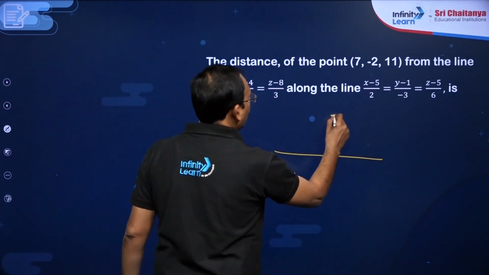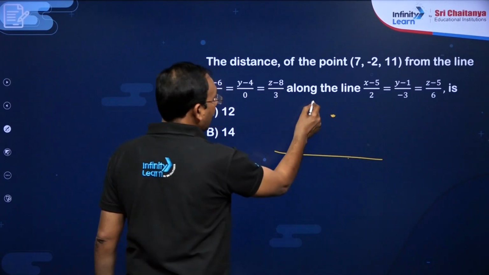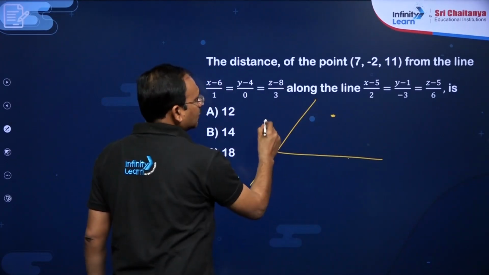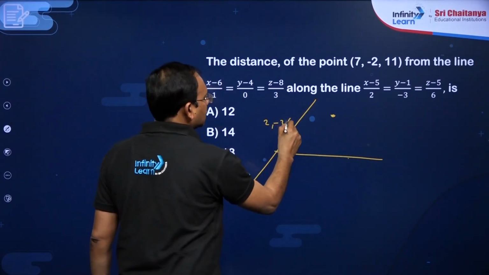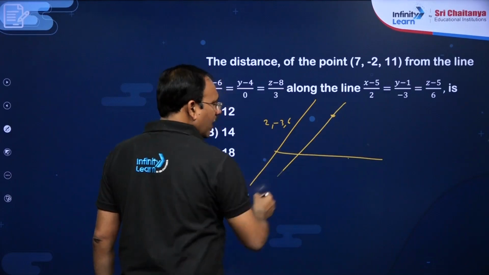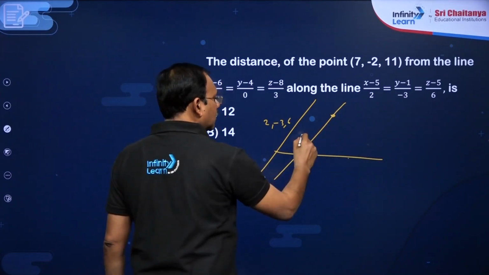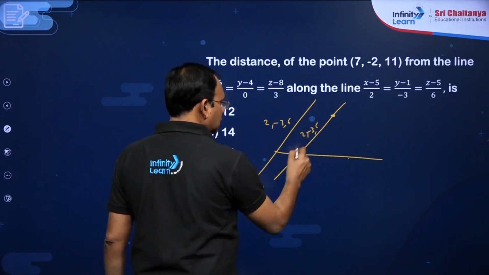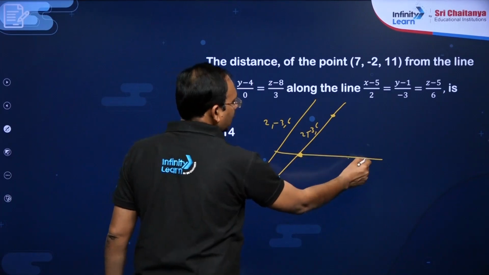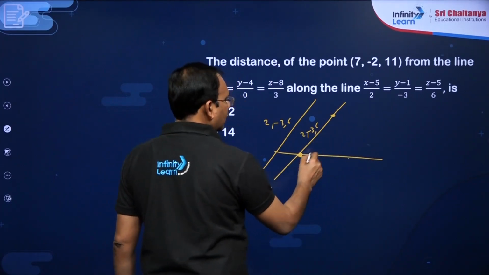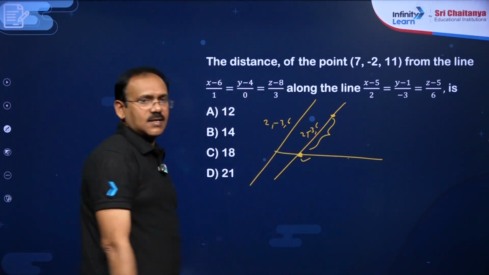Distance of one point to another line along this line means this line's drs are 2 minus 3 6. Here also you find the line passing through this with drs 2 minus 3 6, general point on the first line and second line, find the point of intersection, then find this distance.